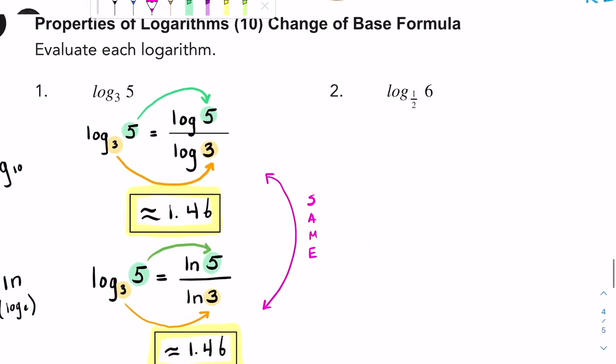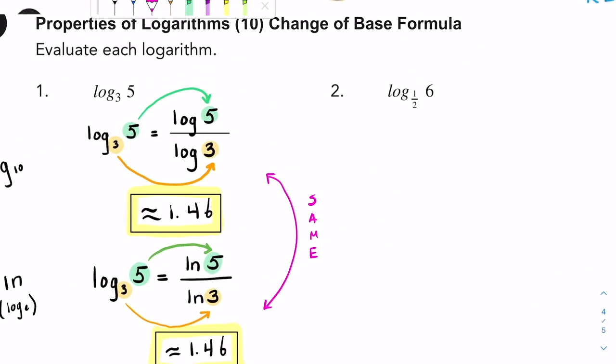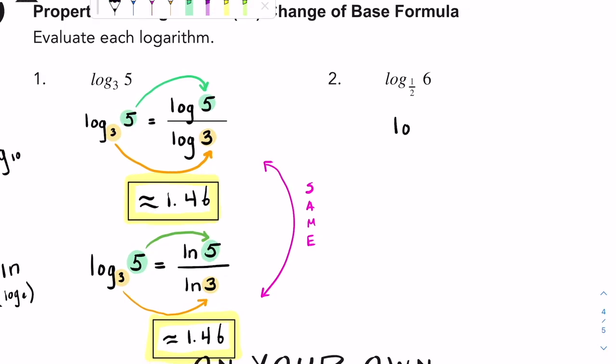All right, number 2 is log base 1/2 of 6. Also not a convenient function to solve for. So we're going to rewrite this using our argument of 6 in our numerator and our base of 1/2 in our denominator.